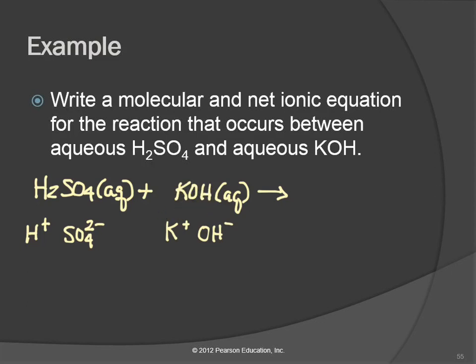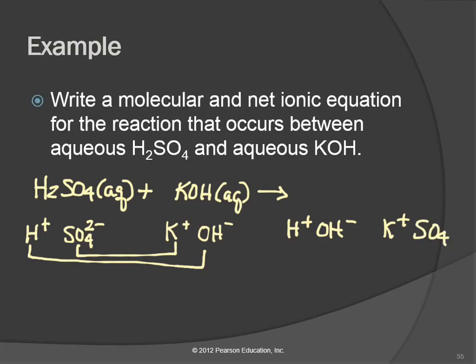And so we can approach this with that whole swapping partners idea. So we've got H plus and OH minus pairing up. And then we've got K plus and SO4, 2 minus pairing up.